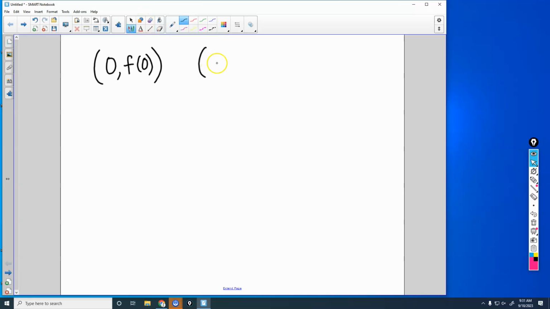So I'm going to call it a, f of a. All right, and I was finding the slope between those points. And that a was different. We did 4, we did 3.5, we did 2, we did 2.5, all of those different numbers there. So my slope formula was f of a minus f of 0 over x minus 0.